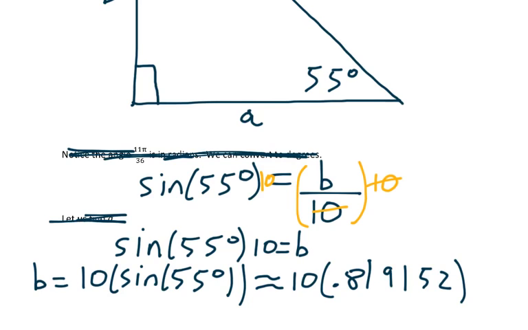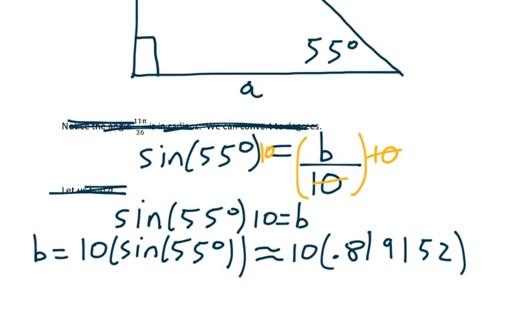I could use 5, but I want to use more than 4 because the final answer will be only rounded to 4 decimal places. But from here, we can see that b is going to be just 8.19152. So that's what our b is. And again, this is all using trigonometry.